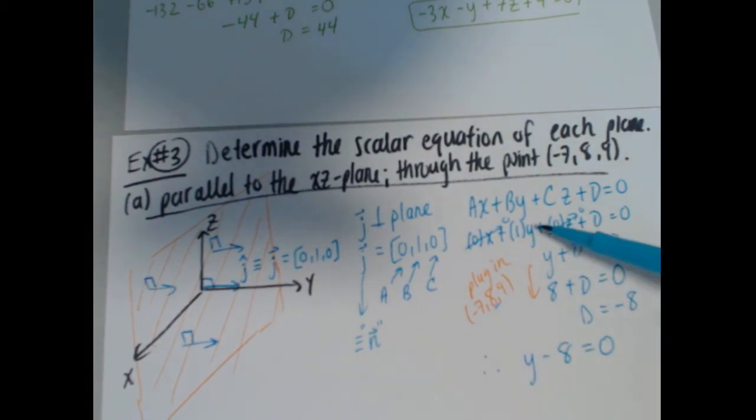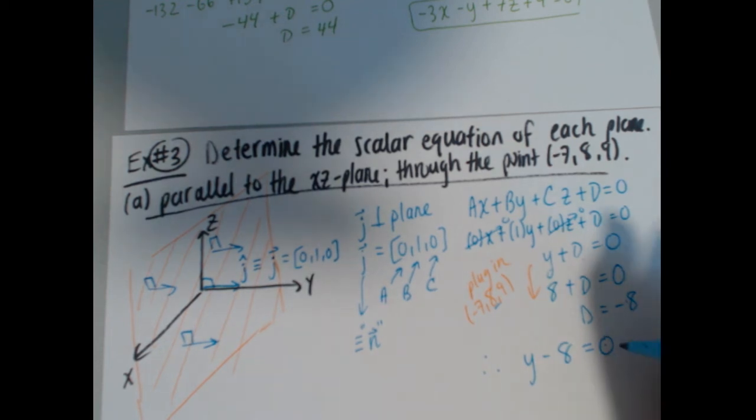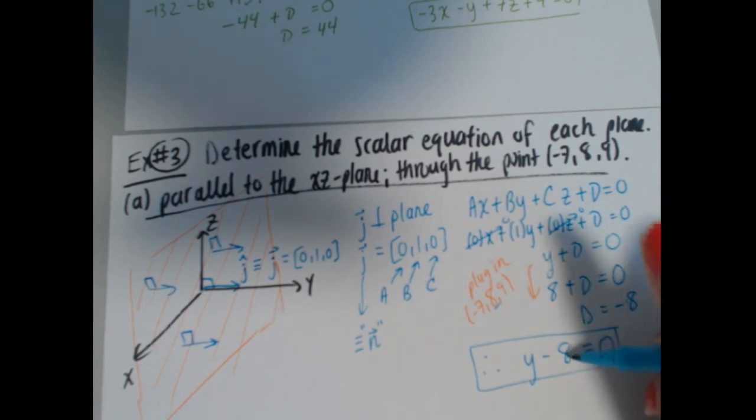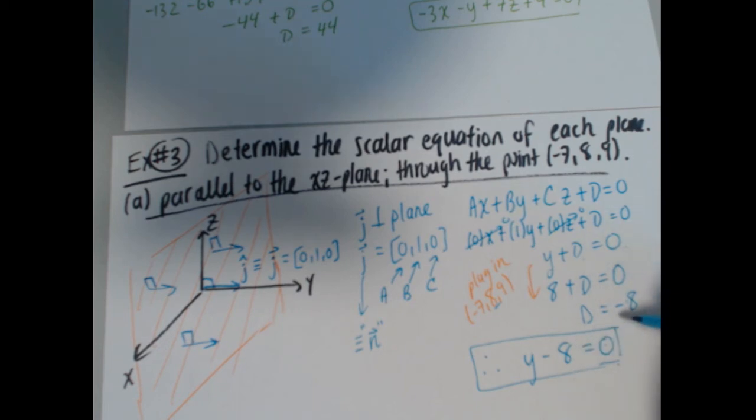Right, because the scalar equation should have been y plus D is equal to 0. So if you find that D is equal to -8, it just becomes y minus 8 is equal to 0. So looking at that, it's interesting, because if you just saw y is equal to 8 and you didn't know what context you were in, you might think that this is just a horizontal line, so that wouldn't be a function in two-dimensional space.